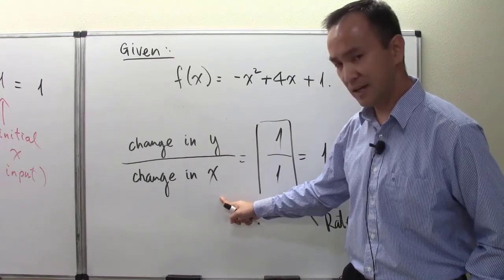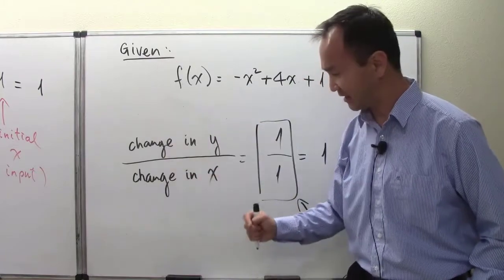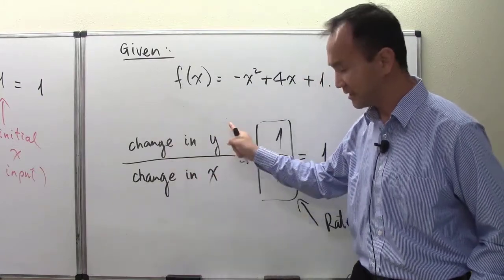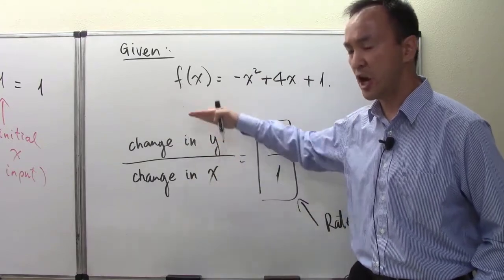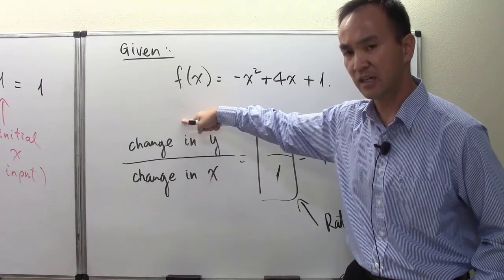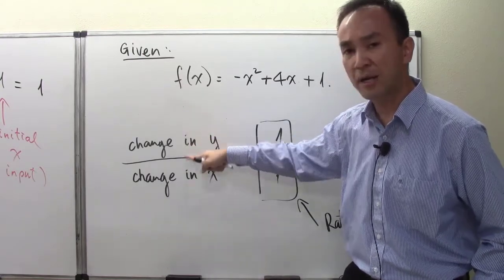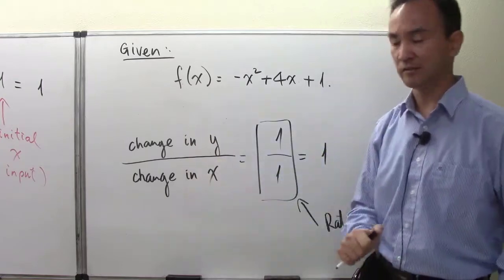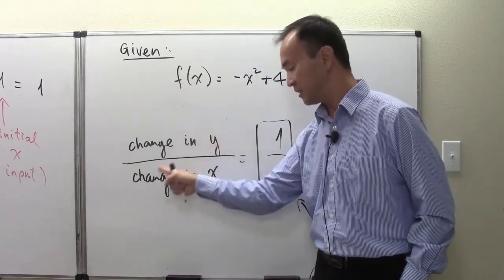And now let's not rushly take that and then erase and then move on to the next thing. I want you to carefully look at this. When it comes to rate of change, we always want this ratio to have the change in the outputs in the numerator. So we're talking about change in y per change in x, change in the outputs per units of change in the inputs.